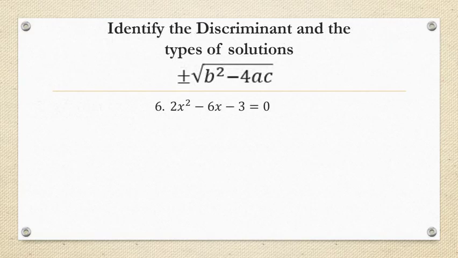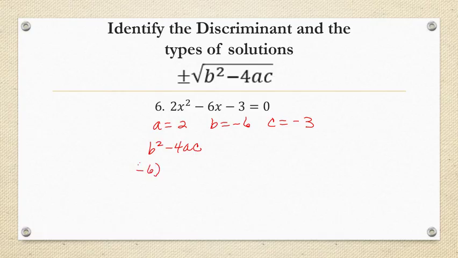Okay, let's do 6. Okay, A is 2, B is -6, and C is -3. All right, let's plug it in. B squared minus 4ac. Let's see what we get. Okay, so we'll get -6. And when you do the negative, you need to put it in parentheses. -4 times 2 times -3. We'll get 36. -4 times 2 is -8. -8 times -3 is 24.